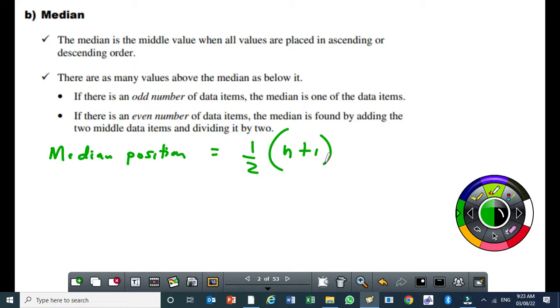Now, you see this n here? This n is just the number of values in the data set.